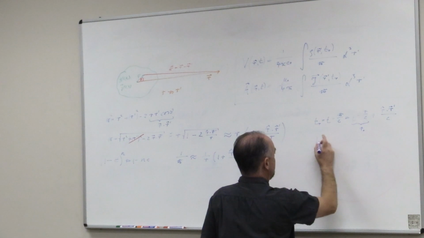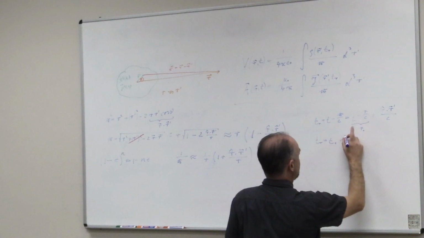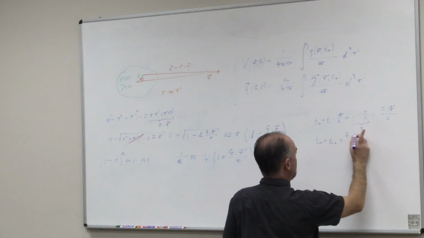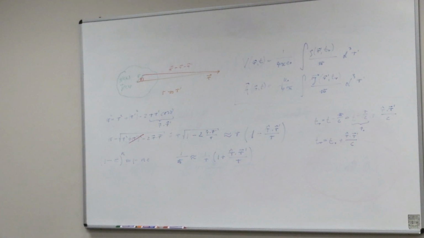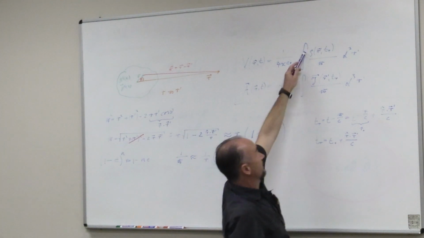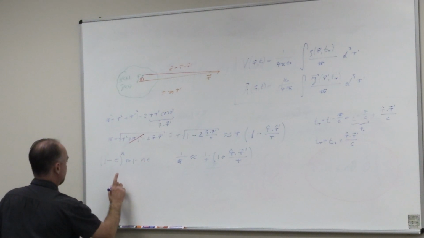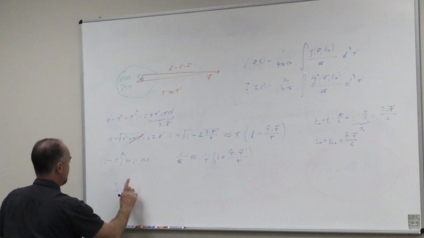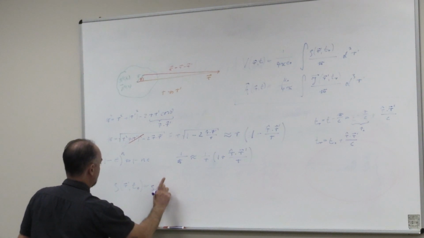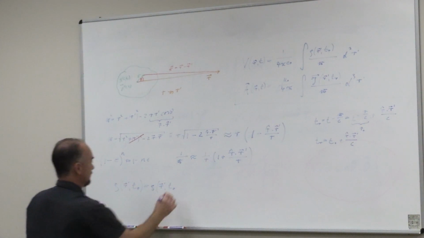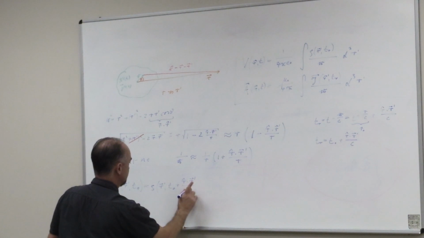So we have the retarded time as t naught plus some small perturbation r-hat dot r prime over c. That's what we have to use here for the time of the charge. So we then have rho of r prime and t retarded, that is rho of r prime and t naught, plus our small correction r-hat dot r prime over c.